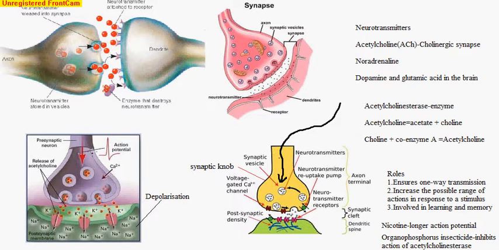So the action potential gets here. Action potential simply means that sodium ions enter here, and the voltage is increasing, and so calcium ions from outside enter inside. Okay, so the first thing is this calcium enters.